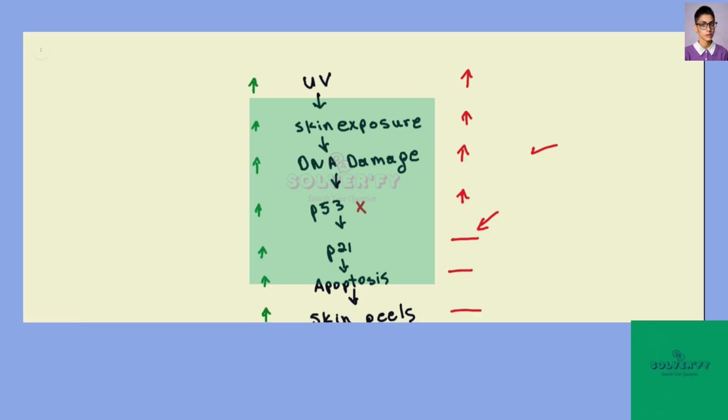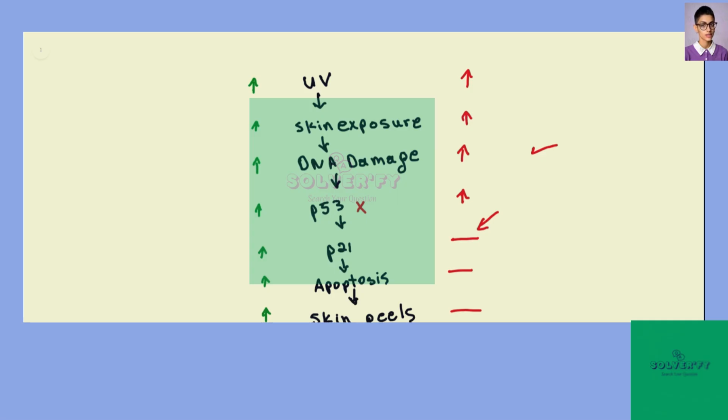P53 activation. Yeah, because even though you are increasing p53, I would consider p53 activation only if p53 is actually doing its function. So the mutation is disallowing p53 from being active.